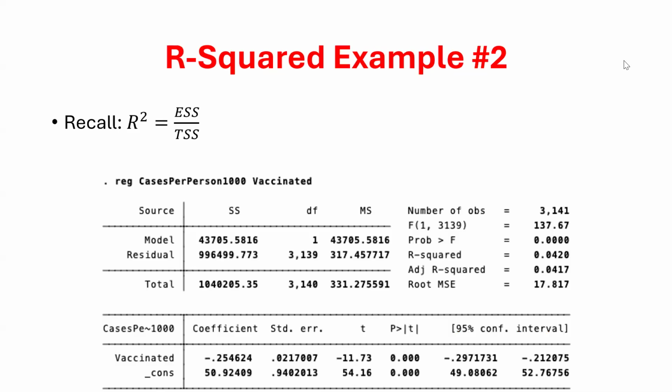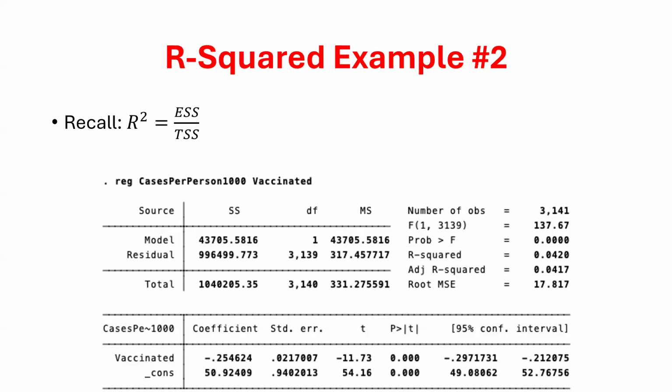Now, if I look at a second example, I've got that COVID county data and the percent vaccinated. Well, is our X variable statistically significant? Well, what levels could I reject that the coefficient is 0 at? With a p-value of 0, I can reject at all levels, right? That's going to be less than any alpha I choose. So I've got a variable that is a good predictor. So should it be able to explain some of the variation in Y?